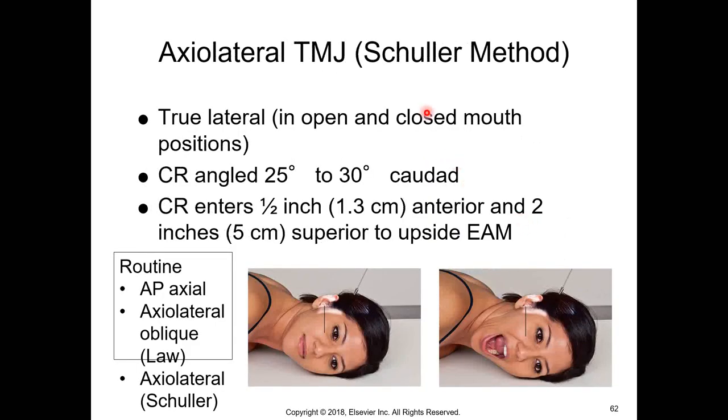When we look at the axiolateral Schuller method, also doing the same thing, open and closed mouth. This one, though, you're not rotating the head of the patient. So the head of the patient is not getting rotated.